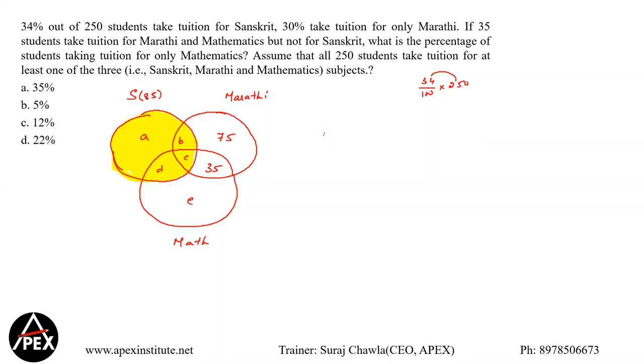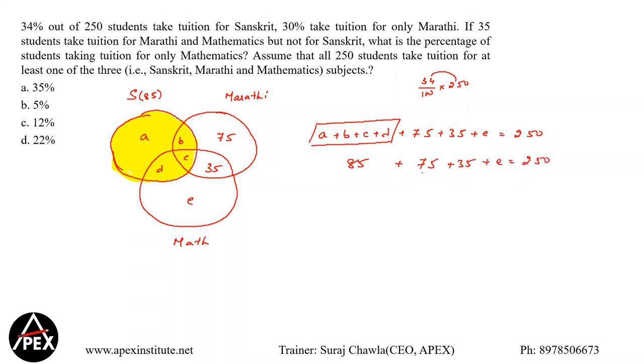So now if you look at it, A plus B plus C plus D plus 75 plus 35 plus E is equal to 250. Now I know that A plus B plus C plus D is 85, so 85 plus 75 plus 35 plus E is equal to 250. So 75 plus 35 is how much, guys? That's 110.